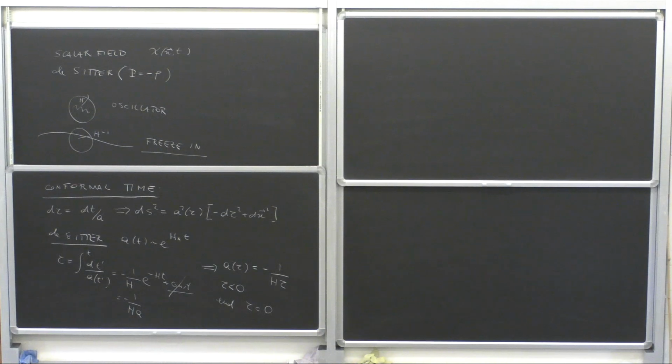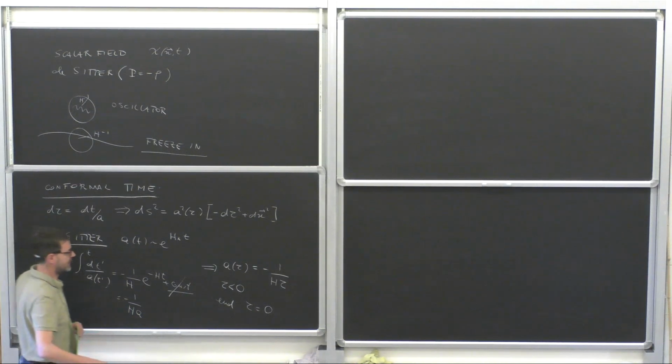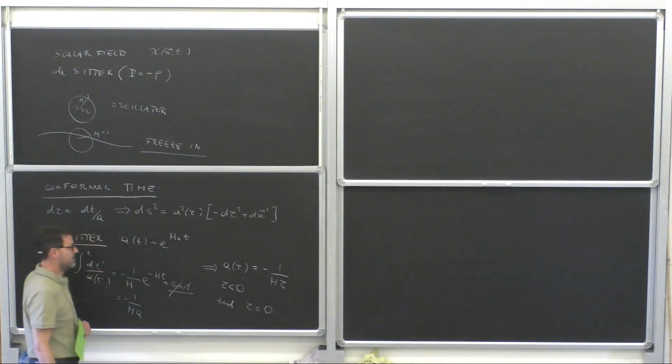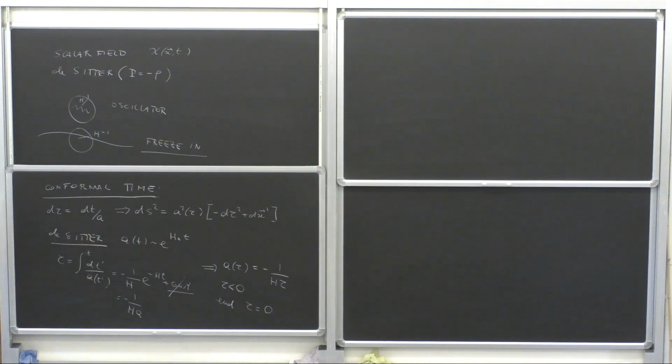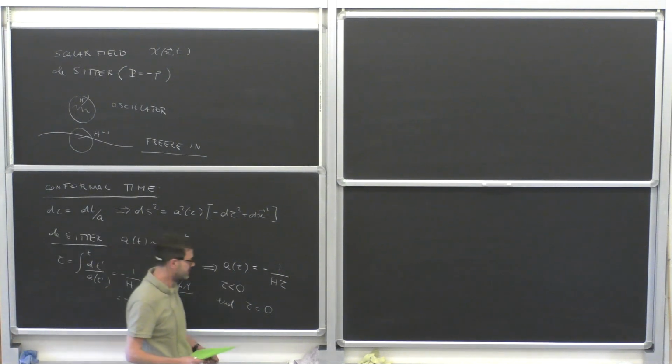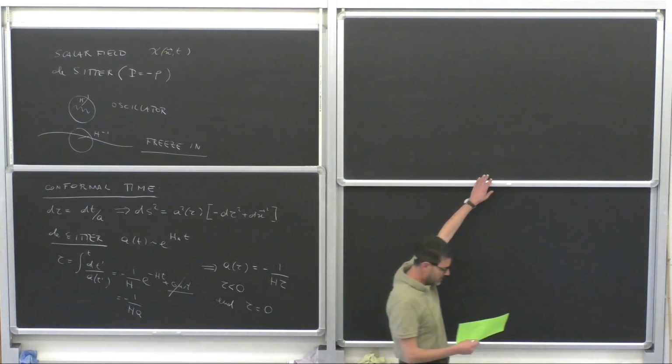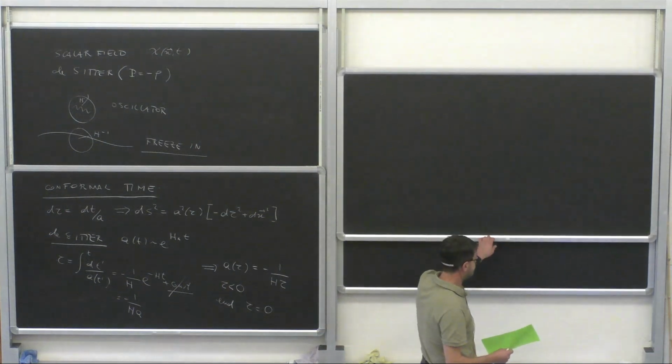So you go from a scale factor which is very small when tau is minus infinity to tau equals 0 when a of tau grows. So you see, if I do this kind of transformation, the exponential has become just a simple power law.